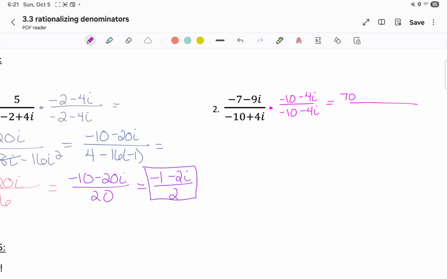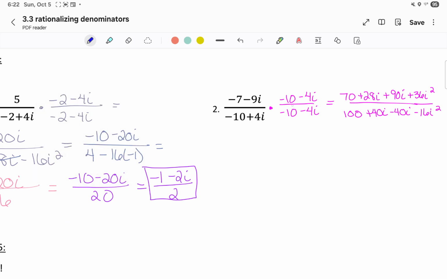And then our outside, we have a positive 28i. Our inside is a positive 90i. Then our last terms, we have a positive 36i squared. And that is going to be over a positive 100. Then we will have a positive 40i, a negative 40i, and then a negative 16i squared.